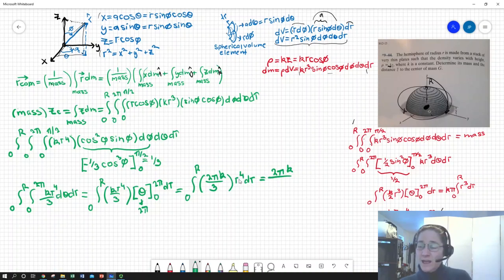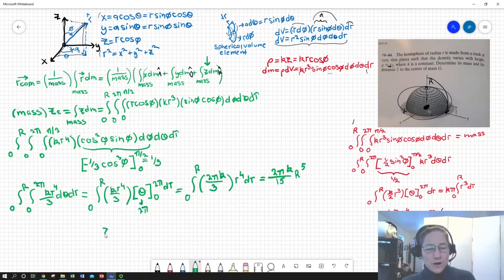When we integrate it, we'll get a 1/5 r to the 5th. So the 5 will multiply by the 3. We'll end up with 15 in the denominator, and we'll put in our upper limit of integration. We'll end up with r to the 5th. So that is this expression.